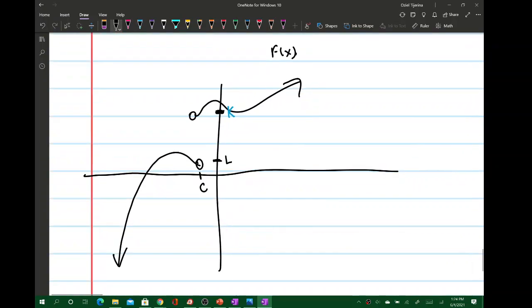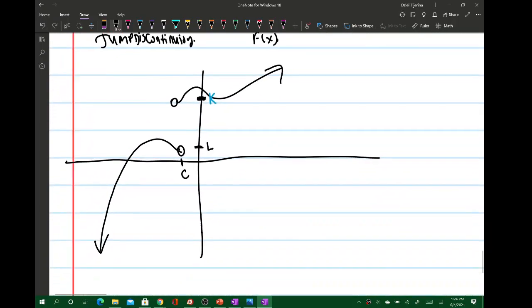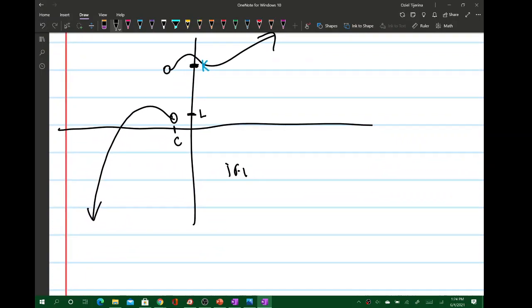So we know this is a jump discontinuity, right? And I know in the book it doesn't really say this, but yes, the book does say it. I'm just explaining it right now in my own words because this is very important.